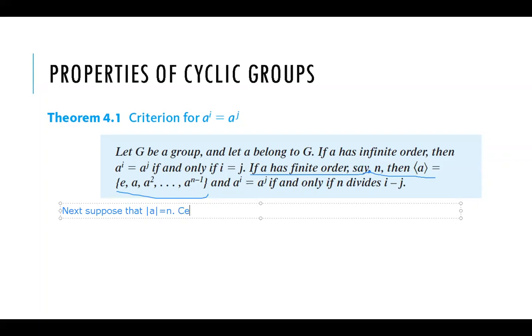We can clearly see that the elements E, A squared, and so on, up to A power n minus 1, all belong to the subgroup generated by A, because these are integer powers.